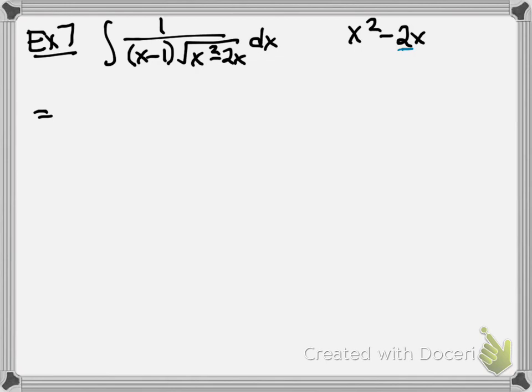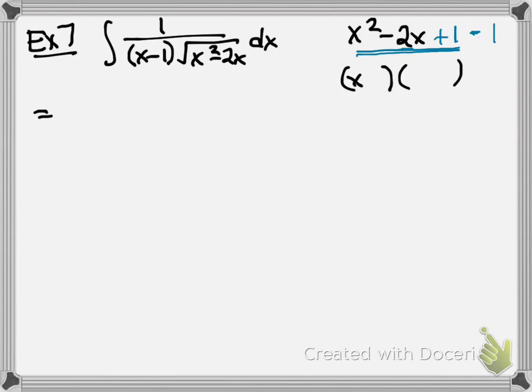Half of 2 is 1, and 1 squared is 1. Remember, you take half of this number and then square it. So half of 2 is 1, square that, I'm going to get a plus 1. So to counteract a plus 1, I have to do a minus 1. Now this will factor into a binomial squared. In other words, if you want to write it like this, you can.